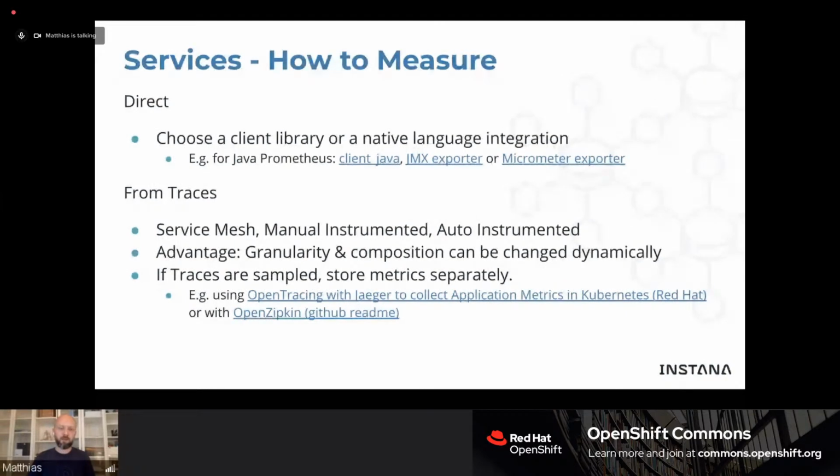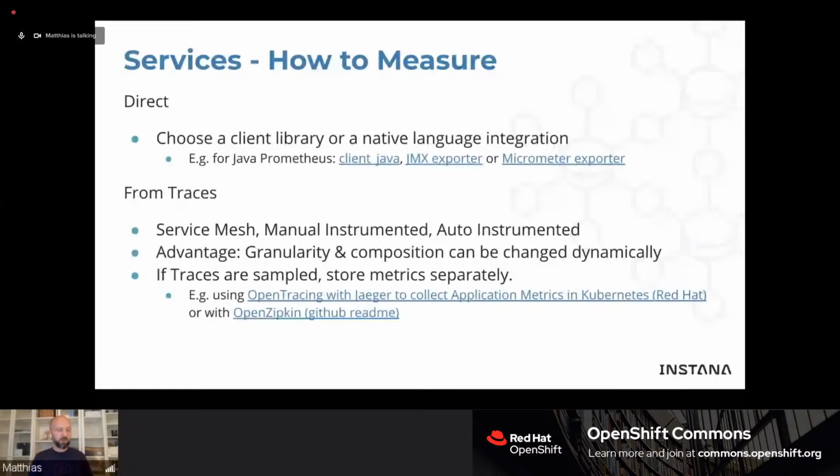In the OpenShift cloud-native namespace, Prometheus is the standard. And if we're looking at Java, again, there are tons of options, such as a specific library called client Java, the JMX exporter, or the Micrometer exporter. So that's the most common one we're seeing, and also probably very straightforward.